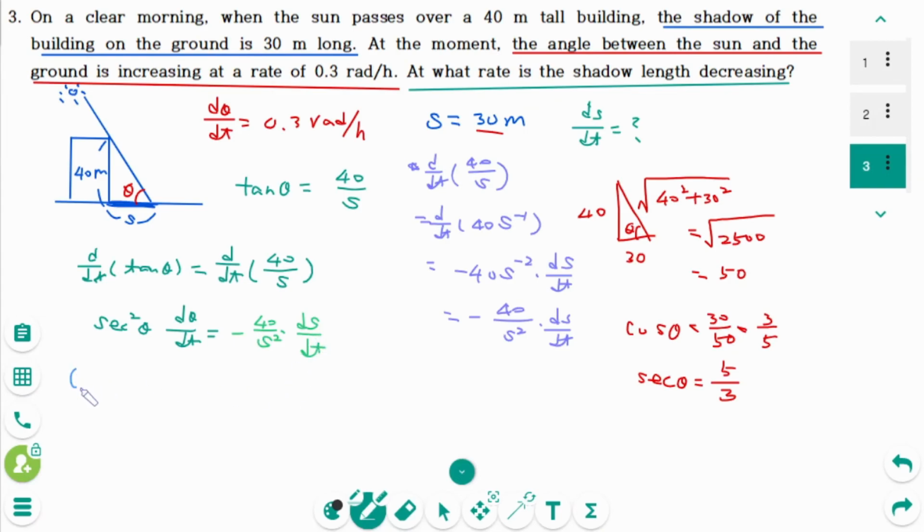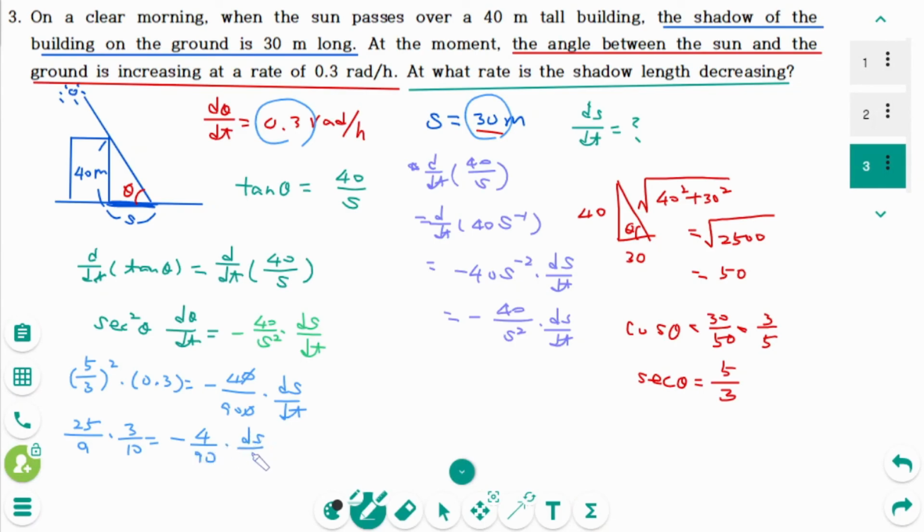Then back to the original: 5 over 3 squared times d theta/dt equals 0.3, equals minus 40 over s squared, s equals 30, squared means 900, times ds/dt. Then 25 over 9 times 3 over 10 equals minus 4 over 90 times ds/dt, with the 0 cancelled.